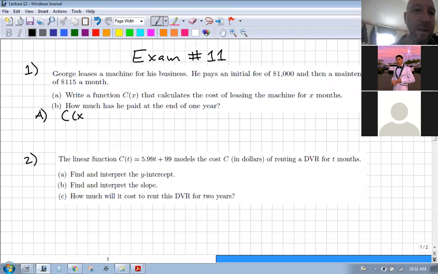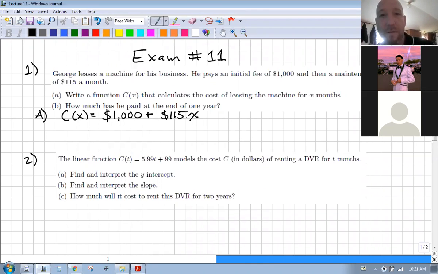So C of X, C pays an initial fee of $1,000 and then $115 per every month. So it's $1,000 plus 115 times the number of months. So that's your C of X function.